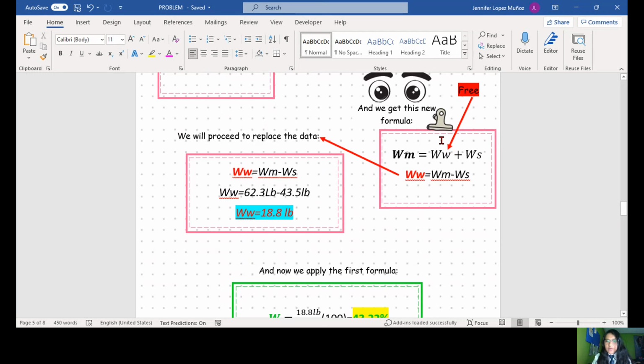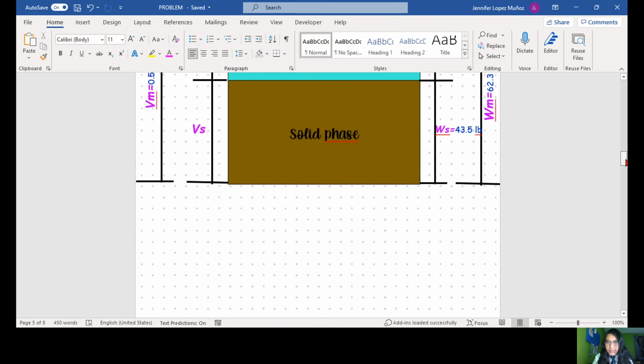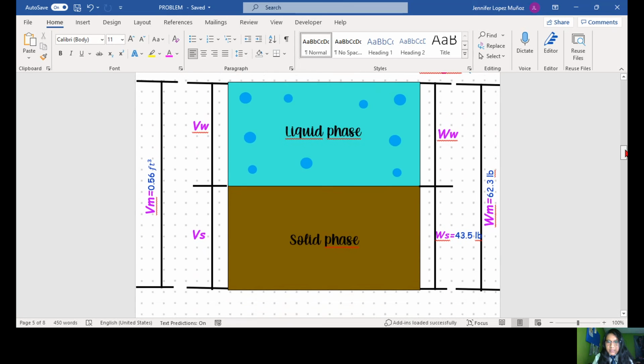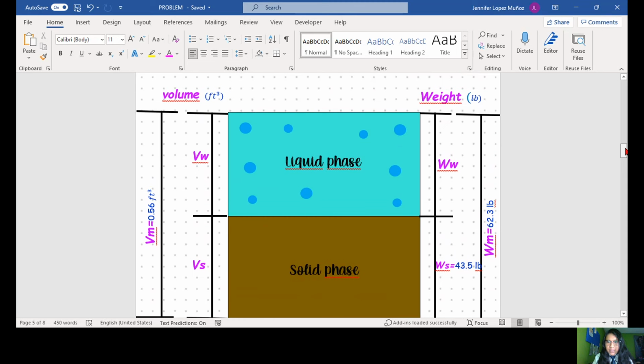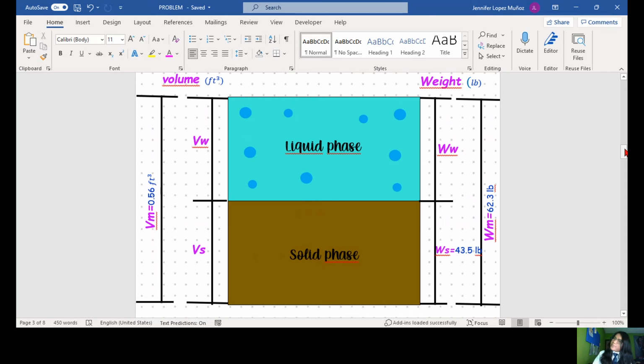This formula corresponds to the picture. This is a picture, because the problem gives more data.